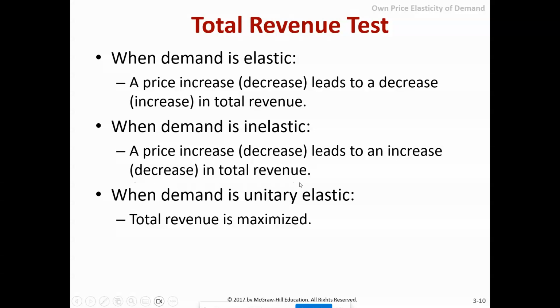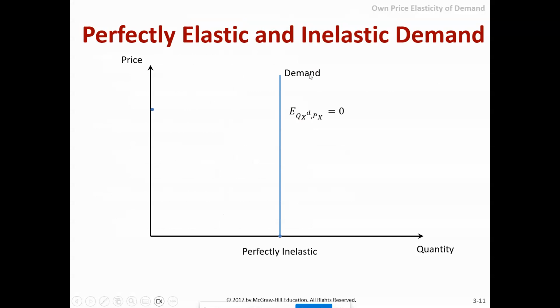Increase, increase, decrease, decrease. Okay. And whenever it's unit elastic, total revenue is maximized. So for these three variables, knowing two, you're supposed to be able to figure out the other one. So for example, let's say the demand is elastic and the total revenue increases. How does price change? We know price decreases.